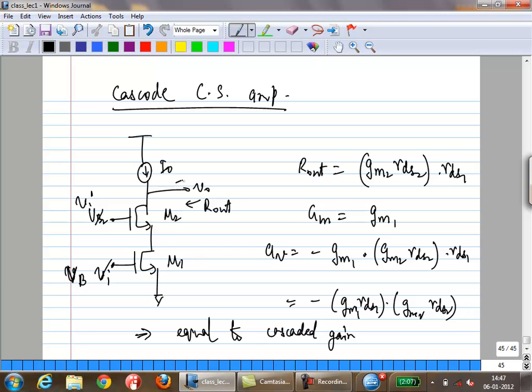What is the output impedance here? Same. What is the new GM? We just looked at that. It's clear that the answer is different. Okay?